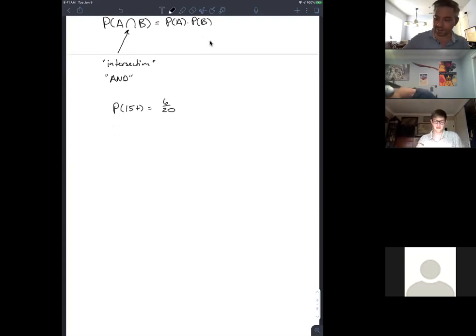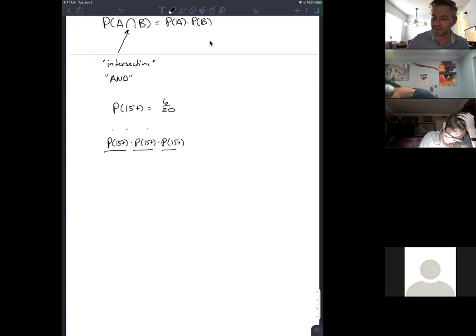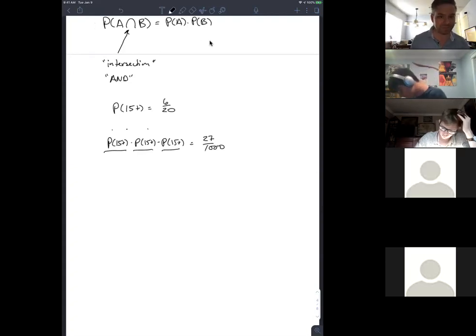So for that to happen 3 times, the total probability would be the probability of 15 plus times 15 plus times 15 plus. I just take the probability that each one is 15 or higher, and multiply them together. And so the probability of this would be 27 out of 1,000. In other words, you're going to die. It's highly unlikely that you will survive this attack.